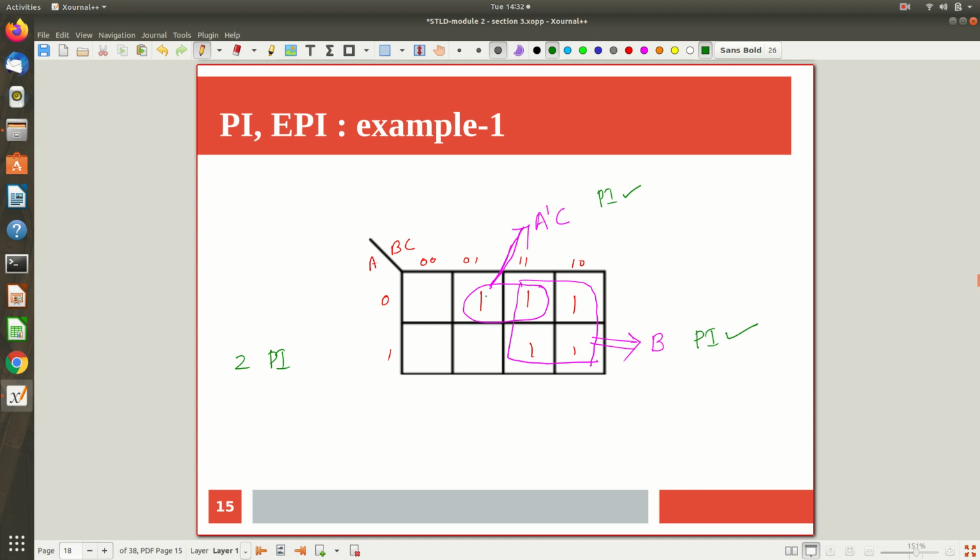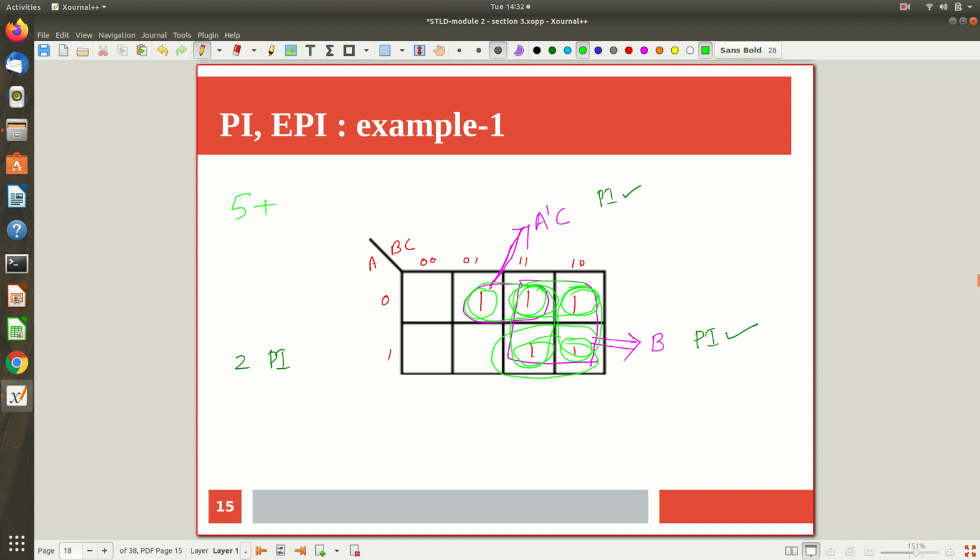Now tell me how many implicants are there. Just for your understanding, I am quickly telling you. You can think of 1, 2, 3, 4, 5 implicants of 1 element, where 3 variables are involved in each of them. So 5 are like that. Now what about the 2 element grouping? This is one possibility, this is another, 2, 3, 4, 5.